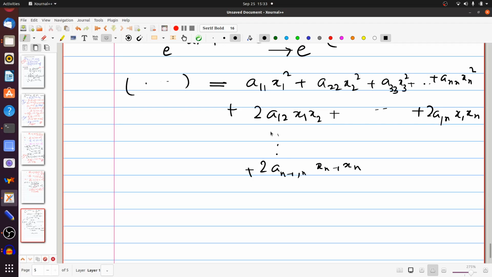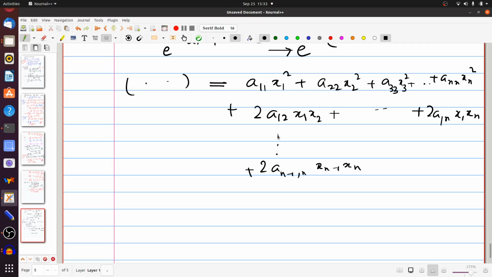The reason why I did not bother to do that is that x1 x2 is always the same as x2 x1, remember that's true only because the variables that we are using here are ordinary real numbers, they commute. So a12 x1 x2 plus a21 x2 x1 can always be combined together, and it always comes out as a12 plus a21 times x1 x2.